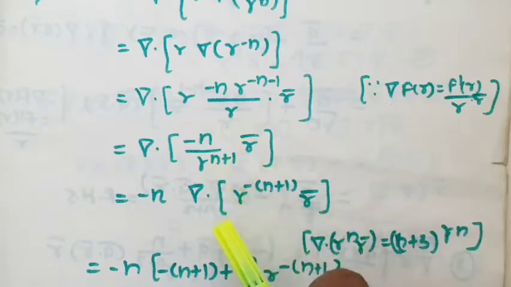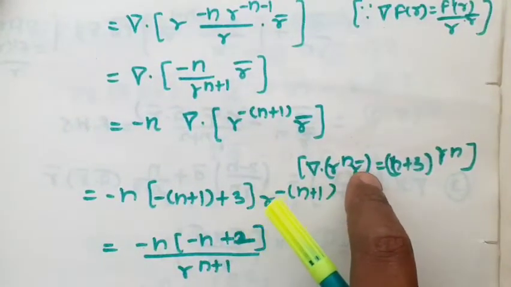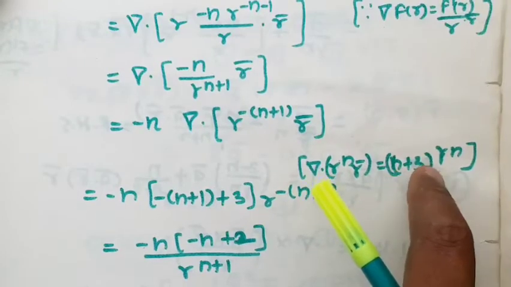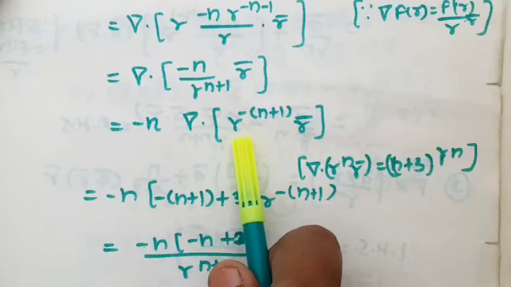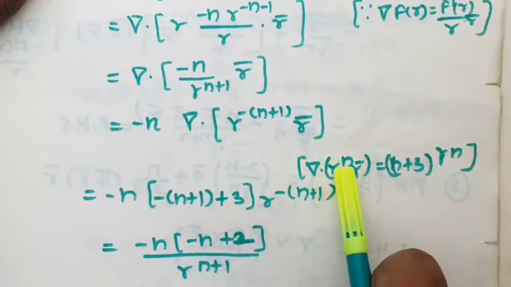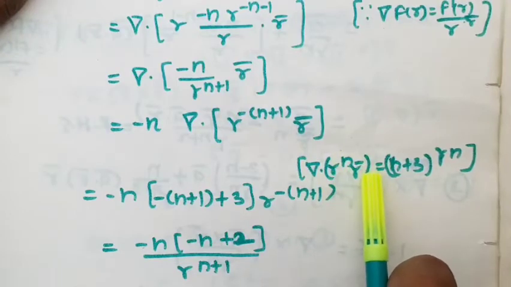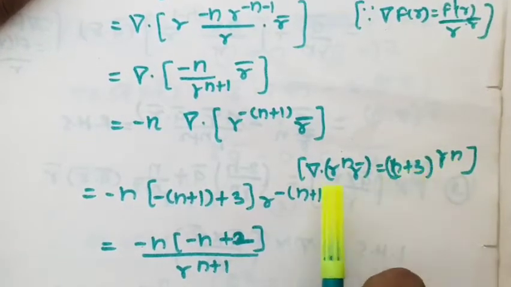I have taken it in the numerator because one result we have in vector identities: del dot r raised to n into r bar is equal to n plus 3 times r raised to n. This result can be applied here because we have r raised to some power into r bar. Whenever you have r raised to some power into r bar and del dot, this result can be applied: n plus 3 times r raised to n.